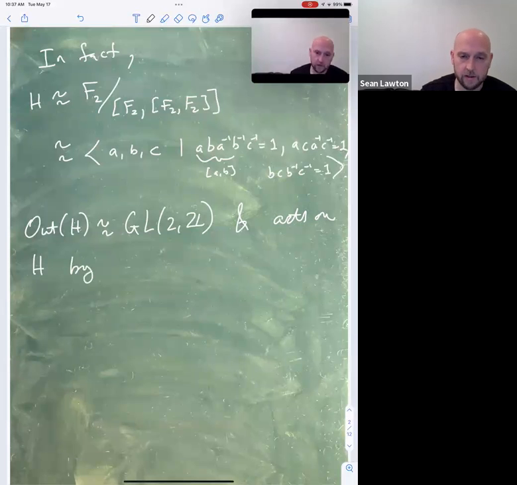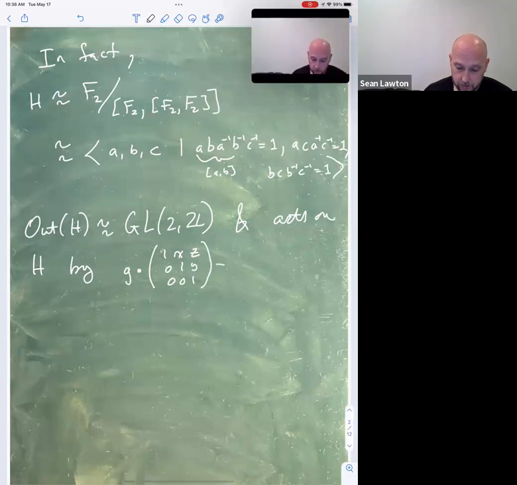It acts as automorphisms, right? So how is it acting? We can say very specifically. So if I take an element in GL2Z, and I want to know how it's acting as an automorphism. Well, a general element of the Heisenberg group has this form. And so what do you do? It's really just linear algebra. This part of it is fixed, the central part, because it's an automorphism, has to go to the center.